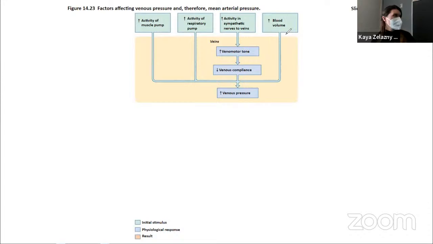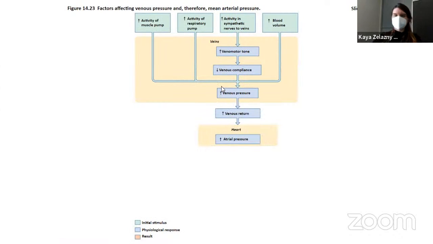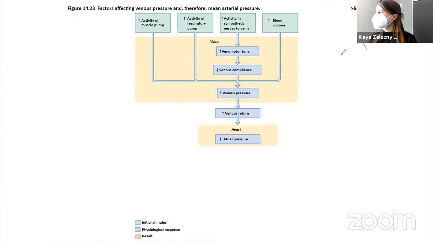But all four of these factors are going to have the same effect overall on our heart and then on our blood pressure overall. Okay, so from here, changes in any one of these is going to have the same effect. So we've increased our venous pressure, which means as our pressure goes up, right? So we're looking at the heart, right?